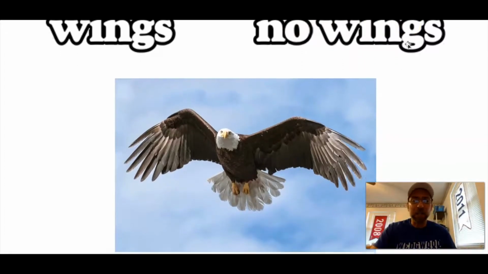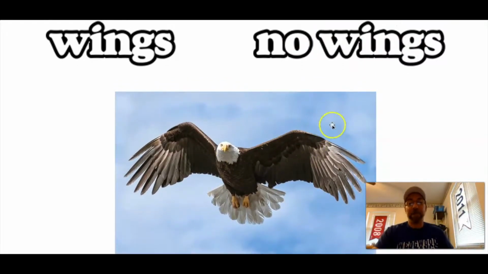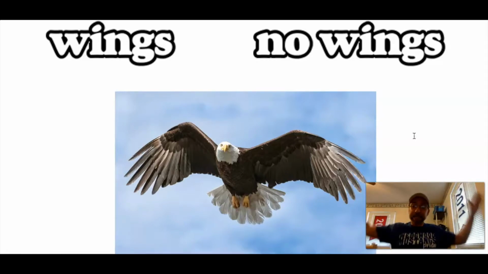So let's take a look at the eagle that I have here in this picture. Does this eagle have wings or does the eagle have no wings? Well, this eagle has wings. The wings go up and down, up and down. And most of the time, it will help animals to fly.